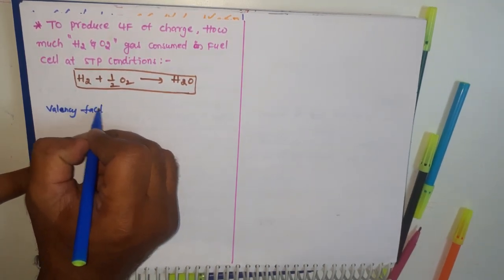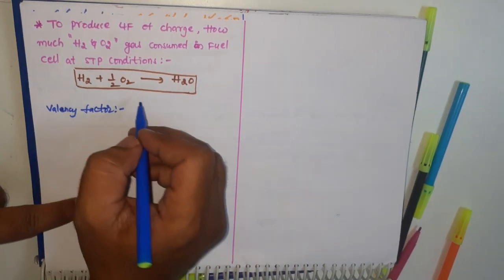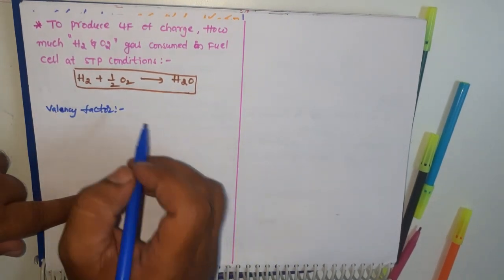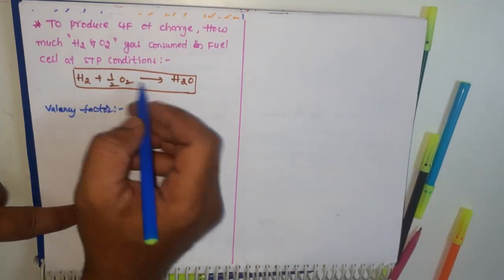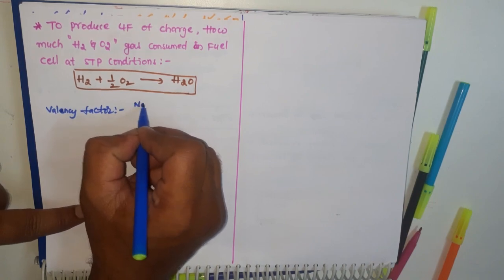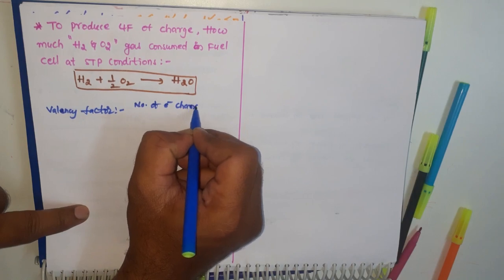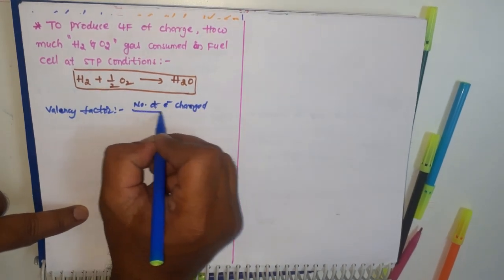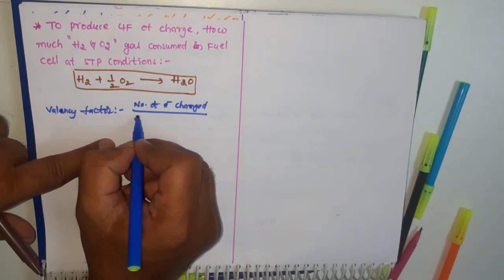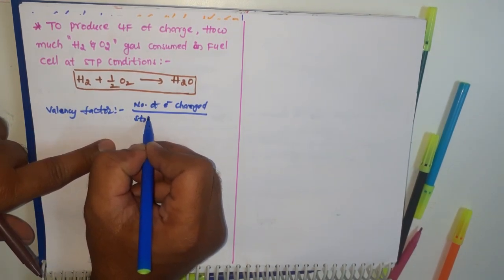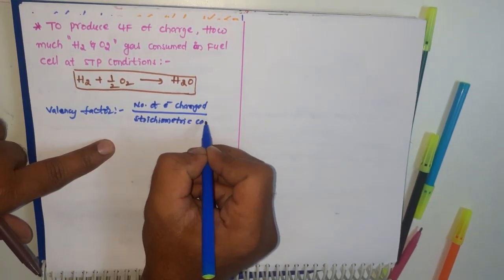Valency factor is the number of electrons changed during the reaction divided by the stoichiometric coefficient.